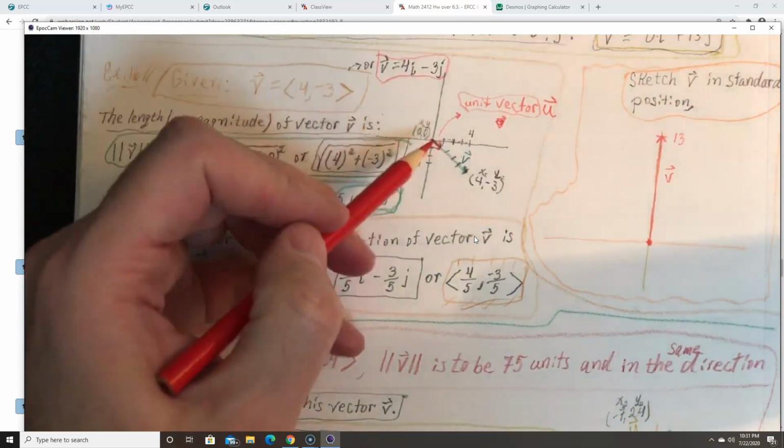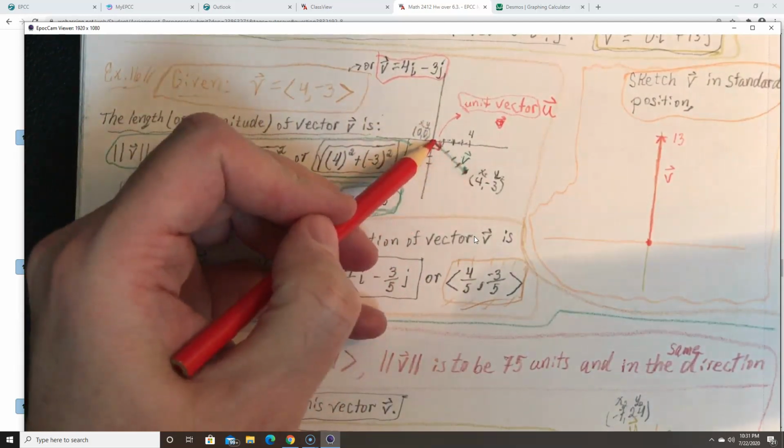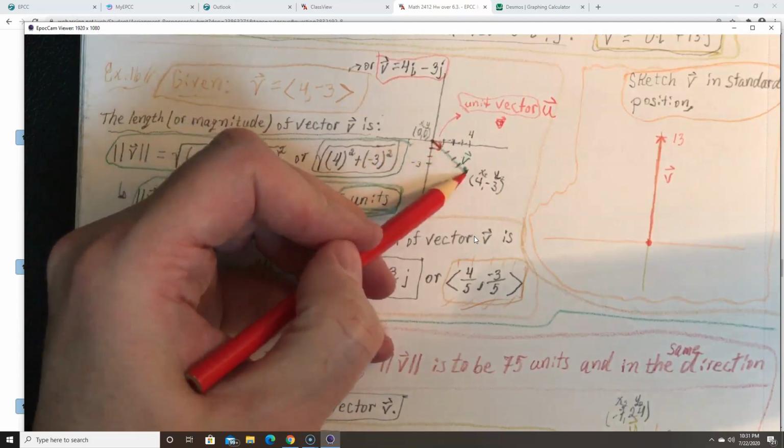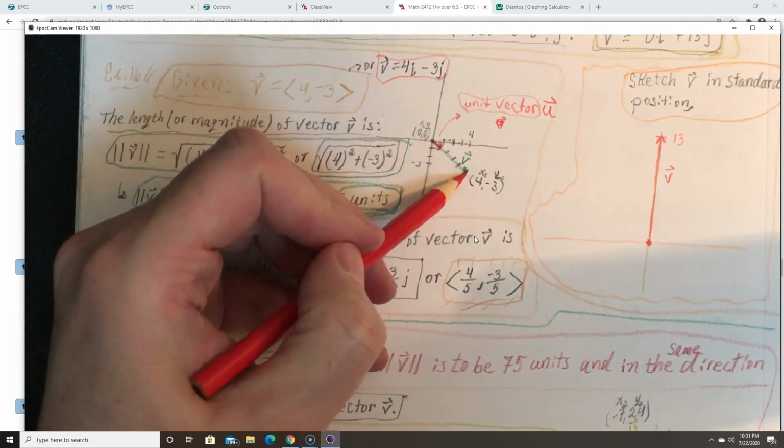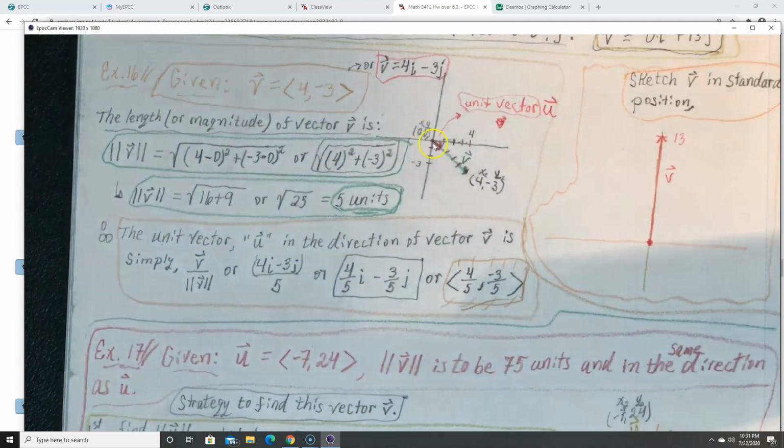Well, all we have to do then, class, is first find out how long is this vector v. What's the magnitude? Let's do that first. If it's 4 units over and 3 units down, that forms a very familiar right triangle. 4 over, 3 down, then I can consider this length the hypotenuse. So it's going to be 4, 3, and 5.